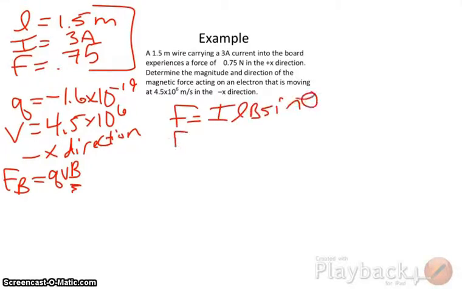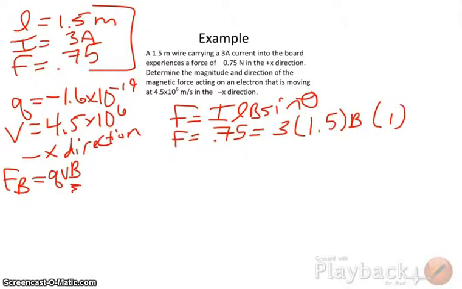So 0.75 equals 3 times 1.5 times B times sine theta, which is 1. So you get 0.75 divided by 3 divided by 1.5, or just divide it all by 4.5, and you get B equals 0.167 Tesla.